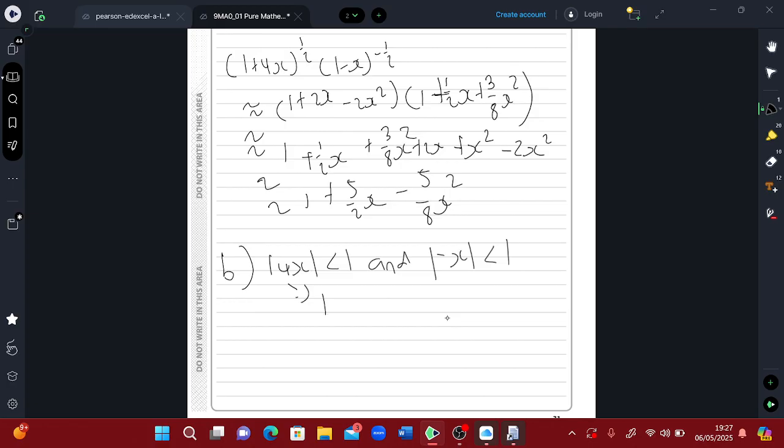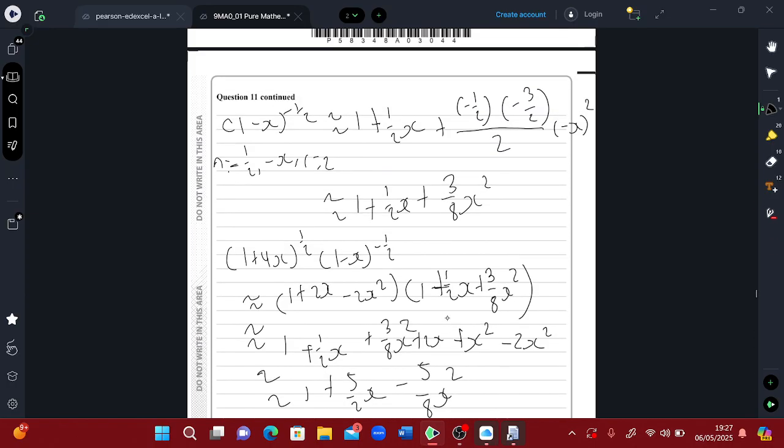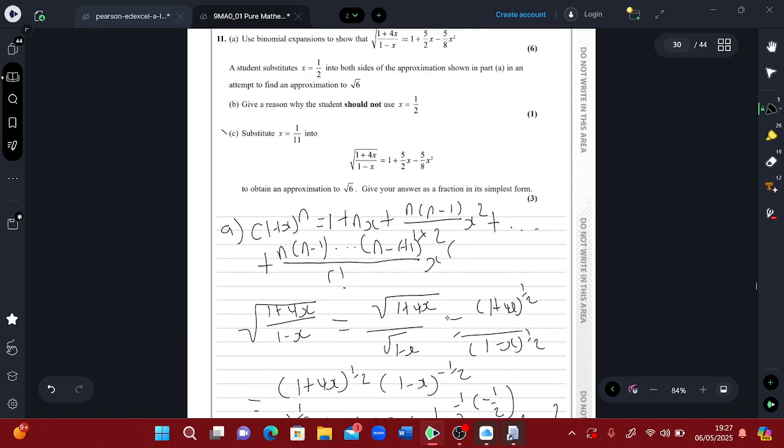So you can bring it to both. Bring the 4 out. That's fine, because it's positive anyway. So that would mean mod x has to be less than a quarter, and not or, but and. Well, x has to be less than 1. So what it's saying is x is a half. That's what it's asking us to use.